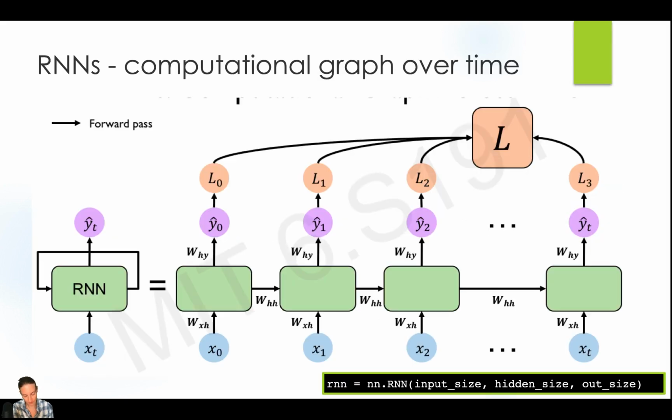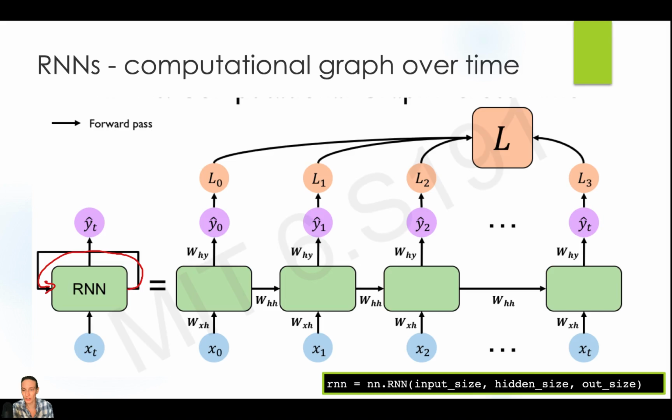As I mentioned, this recurrent neural network has a sort of recurring arrow. This is usually just done for clarity. If you write out the neural network in full, we'll see that we can actually unfold it through time.